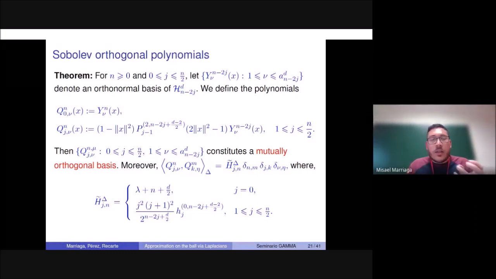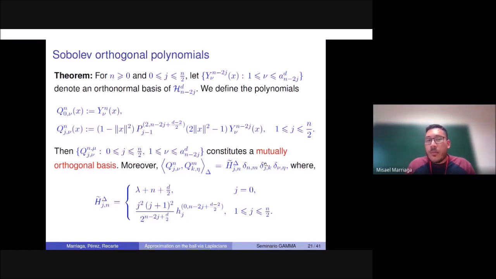One part is the orthogonality for the Jacobi polynomials, and the other part is the orthogonality for the spherical harmonics. So what you're going to get is a multiple of two norms. Whenever the two elements are distinct, one of the two norms is going to be equal to zero.